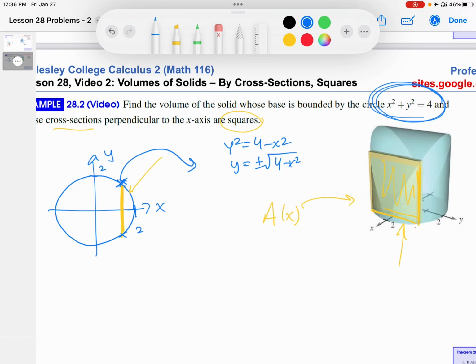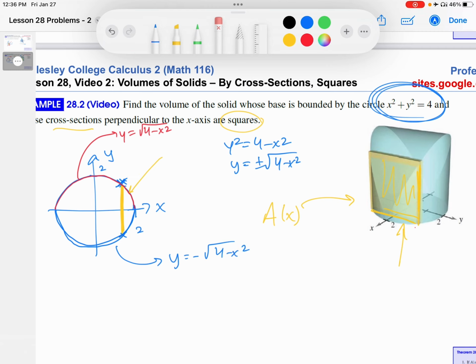So at this point, we can go back and say that this upper semicircle, I'll put it in a different color to make it easier to see, is the positive square root of 4 minus x squared. And this lower semicircle, its graph is the negative square root of 4 minus x squared.